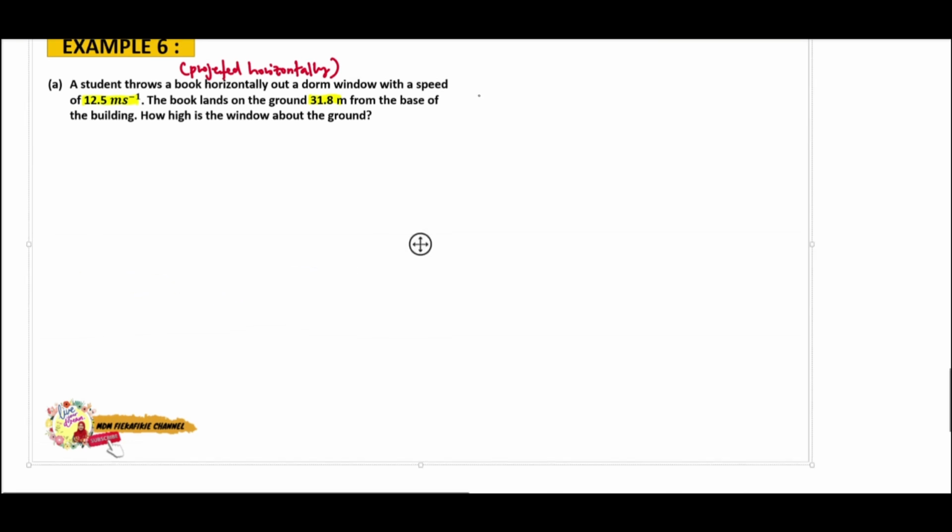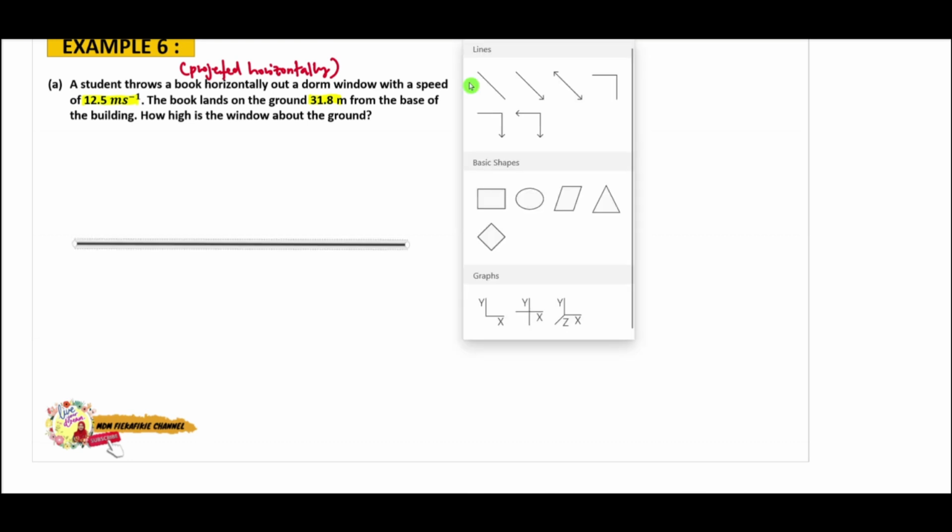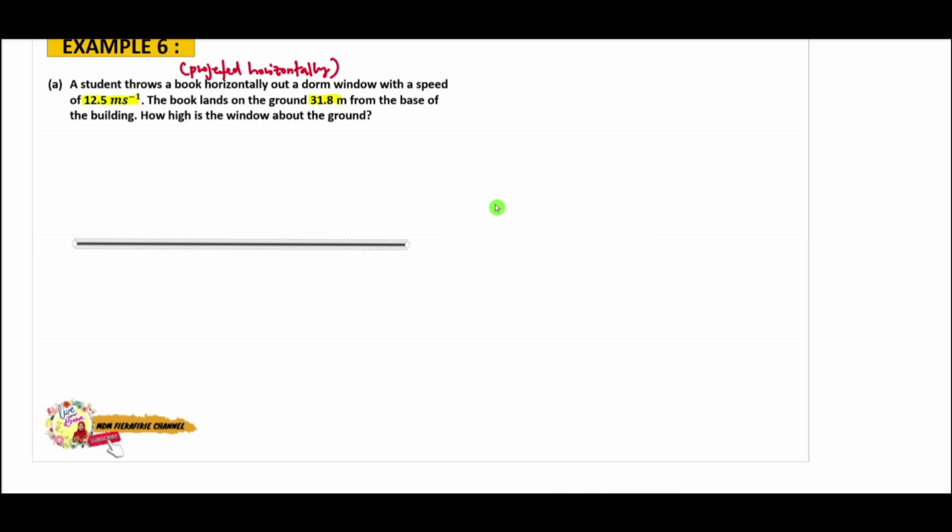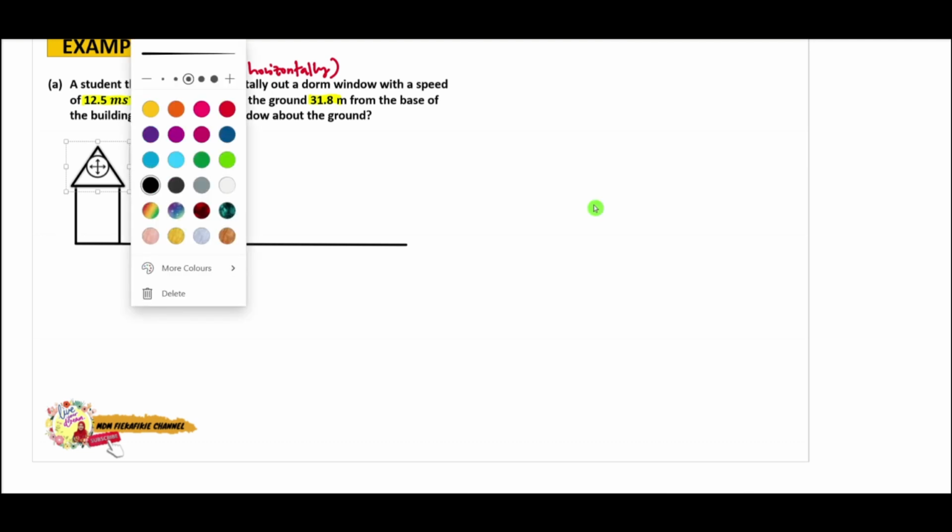Okay, kita ambil yang inilah. Okay, macam ini. Okay, so let's proceed. Contohlah ini rumah dia. Okay, kita lukis sikit. Ni rumah dia. Okay. And then tingkap dekat mana? Okay, contohlah tingkap dekat sini.